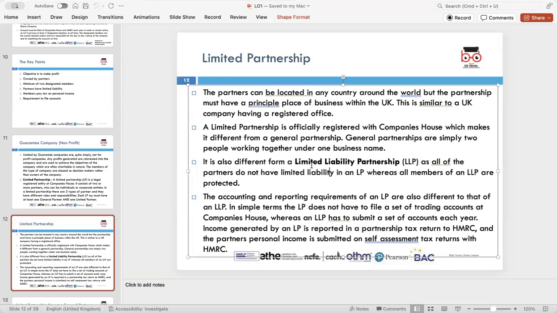All of the income that is generated by a limited partnership is reported to HMRC in the form of a partnership tax return, while the personal income of the partners is recorded on self-assessment tax returns filed with HMRC.